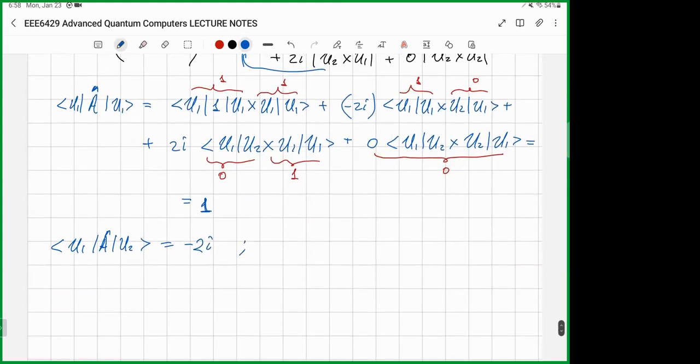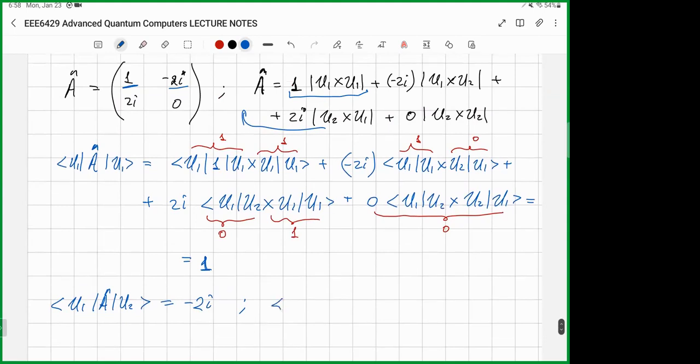And the same way u2 A u1 will give you 2i, and u2 A u2 will be equal to 0 because this component of the matrix is equal to 0.